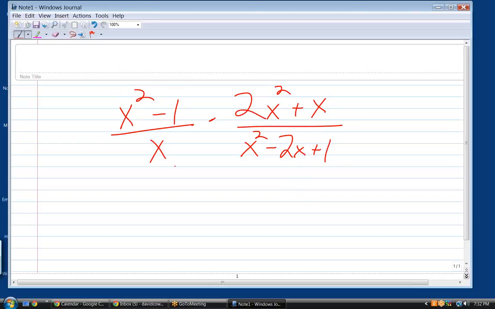So x squared minus 1 factors into what? I don't know how to do it when there's not... That is called the difference of perfect squares. Let's talk about that, because that comes up a lot, and you want to be able to recognize it. a squared minus b squared always factors to a minus b times a plus b.